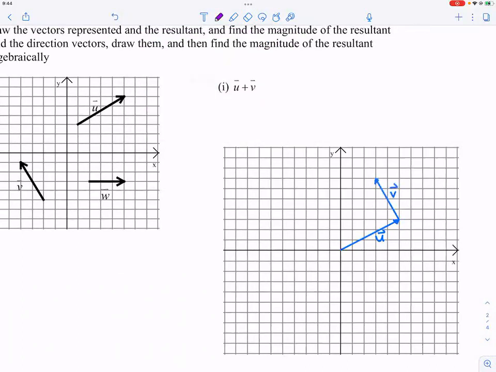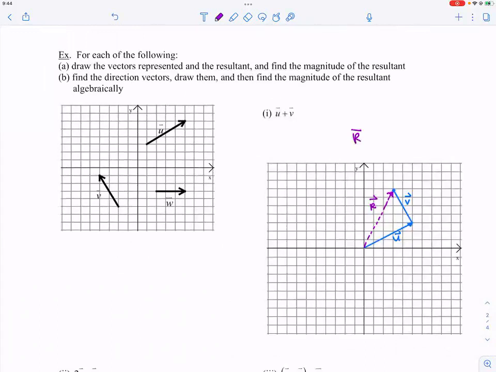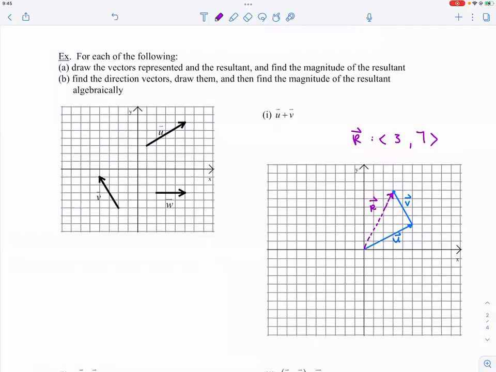So the resultant will be somewhere right here. That's your resultant vector. And in this case, the resultant vector is, what is it? 3 to the right. And how many units up? 7 units up. Okay, so 3 comma 7 is the resultant.